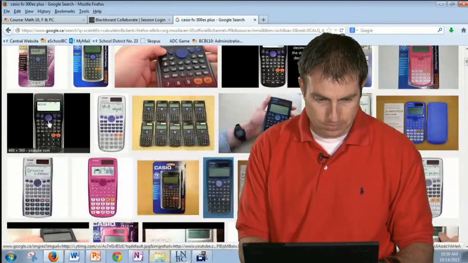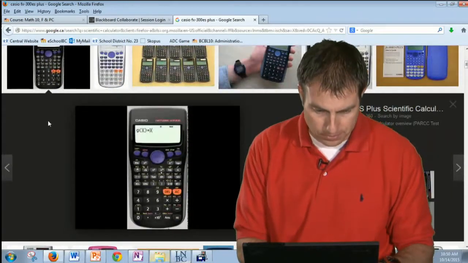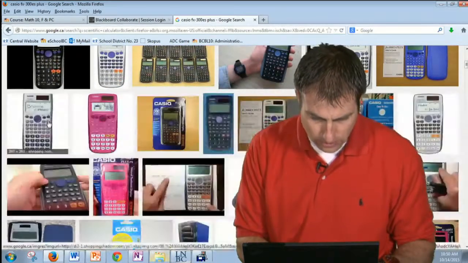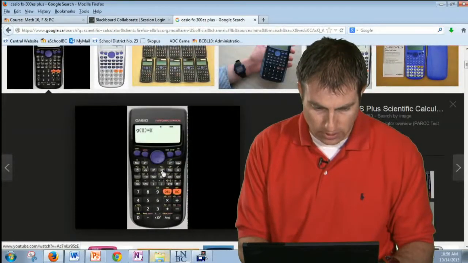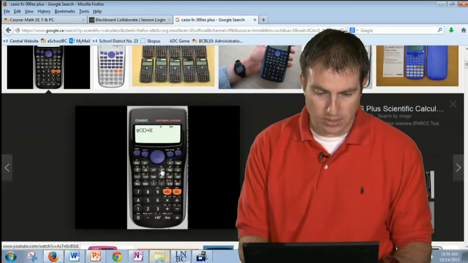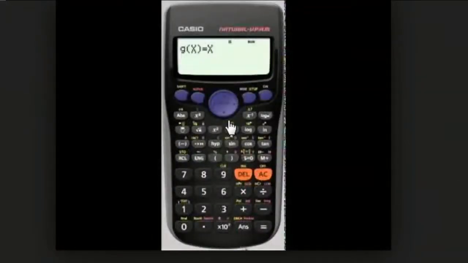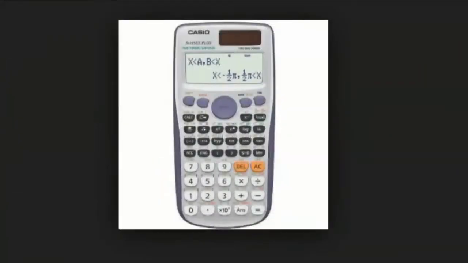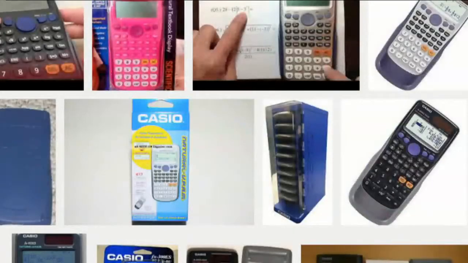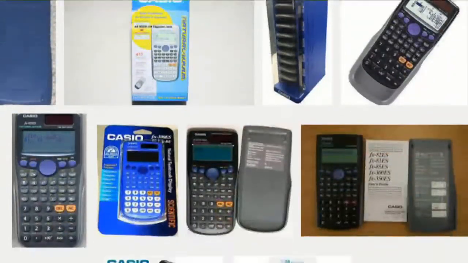Nope. I'm thinking it's the same button up here. The X squared looks like it has the X to the Y above it. Yeah, Y to the X. So you might have to go shift Y to the X. If yours looks like that, they have different ages and different colors, but they should be relatively the same.